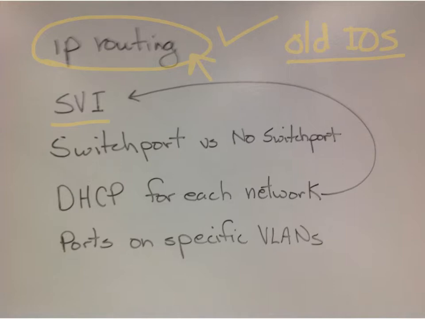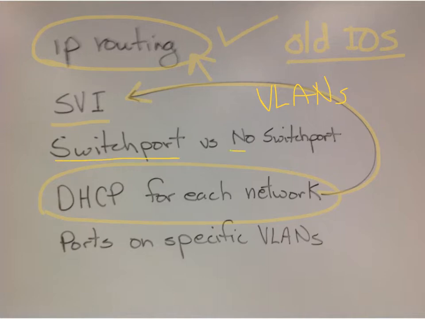Switch virtual interface. Okay. So we talked about doing DHCP. You'd have to do that for each one of your switch virtual interfaces, which here would depend on your VLANs, right? Create them for your VLANs.